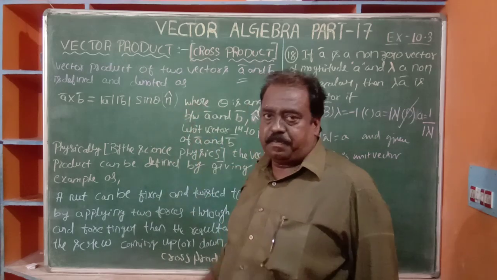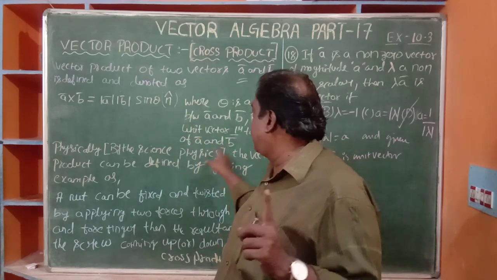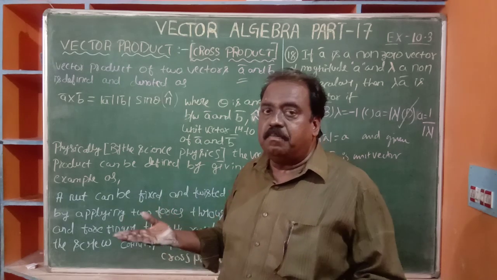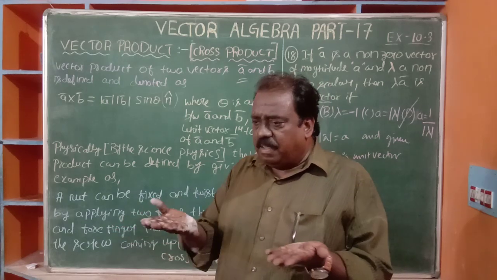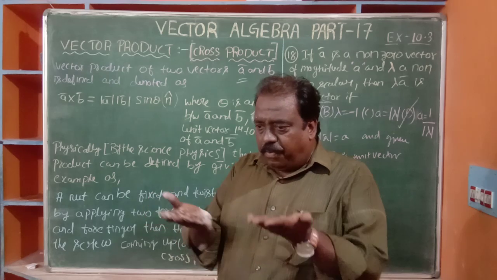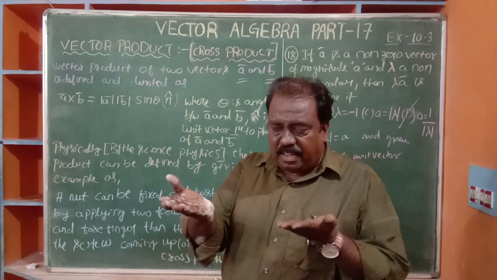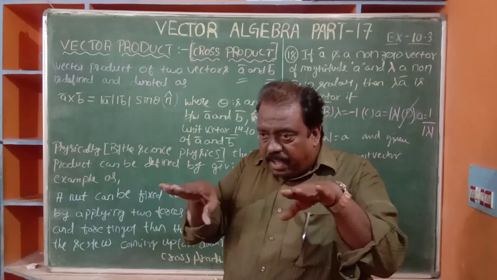And n cap is a unit vector perpendicular to the plane of A bar and B bar. It's very simple. The two forces A bar and B bar are applied in one plane.